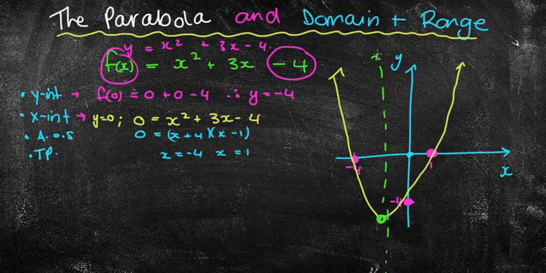So how do I know what the x value at this point is going to be? Well, if you're not sure, you could look at it and go, it's halfway between -4 and +1 and work backwards. But we do have a formula for that, which is x equals -b over 2a, which is very easy to use. Remembering though that all parabolas are in the form of ax squared plus bx plus c.